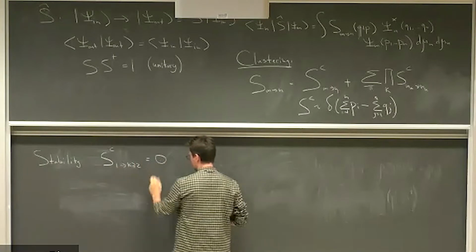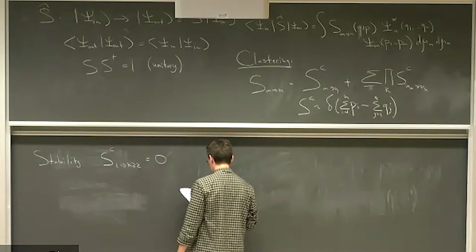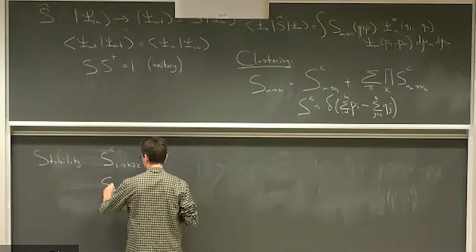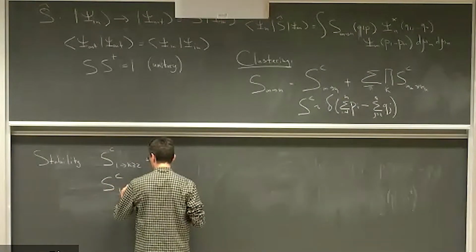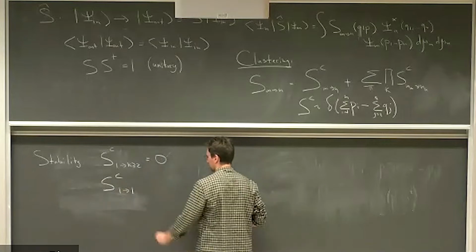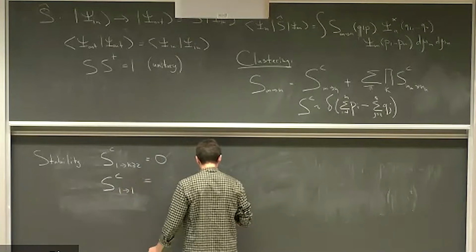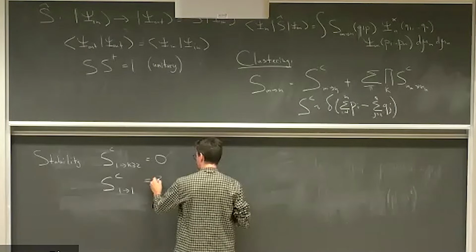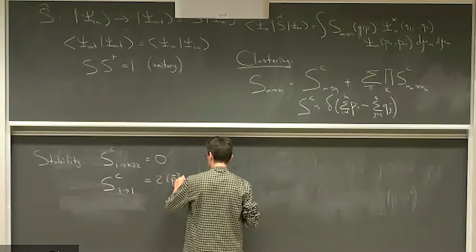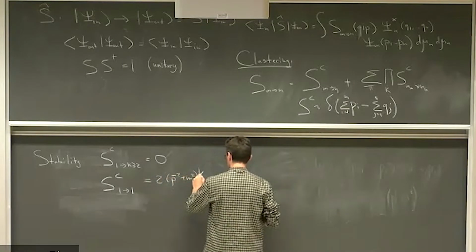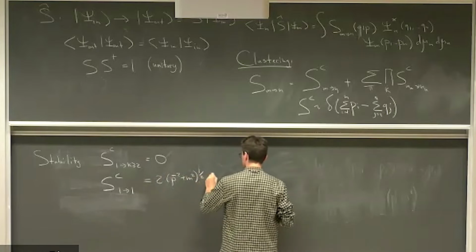If you start with one particle, it stays one particle. And finally, the connected element of one particle going to one particle is just one particle propagating through space-time. It's completely fixed. So the result is just this.